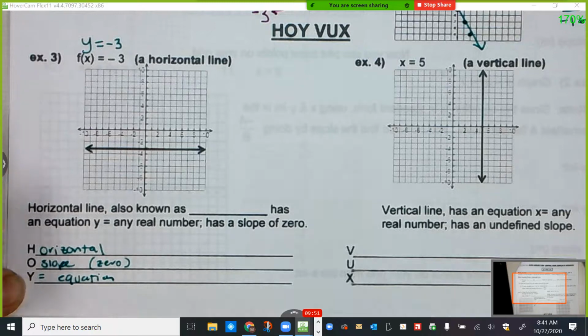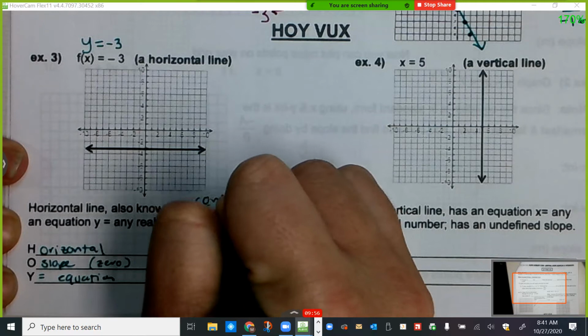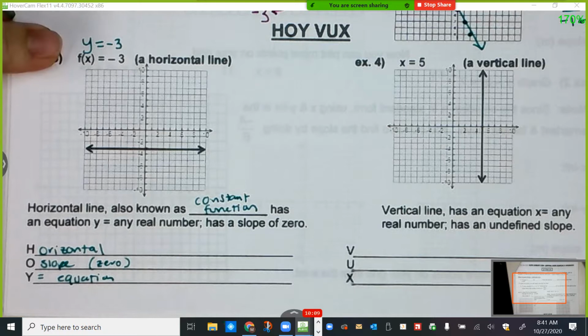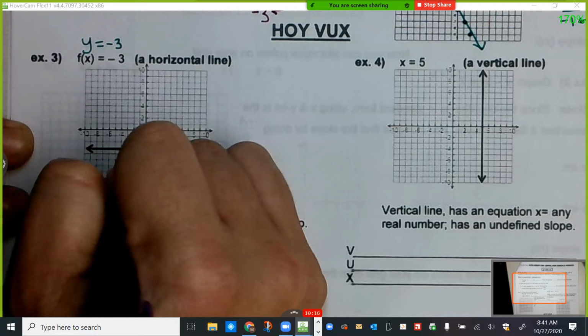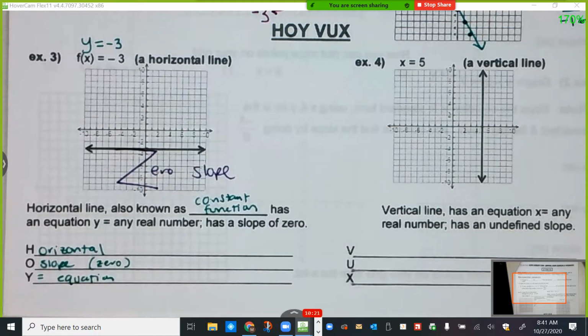It's also known as a constant function. The reason behind that is because another word for y-intercept is your constant. And doesn't all this give you as your y-intercept? Because 0 times x is 0, so that's gone. And one more trick to remember is a Z for 0 slope. You can use the line to draw Z.